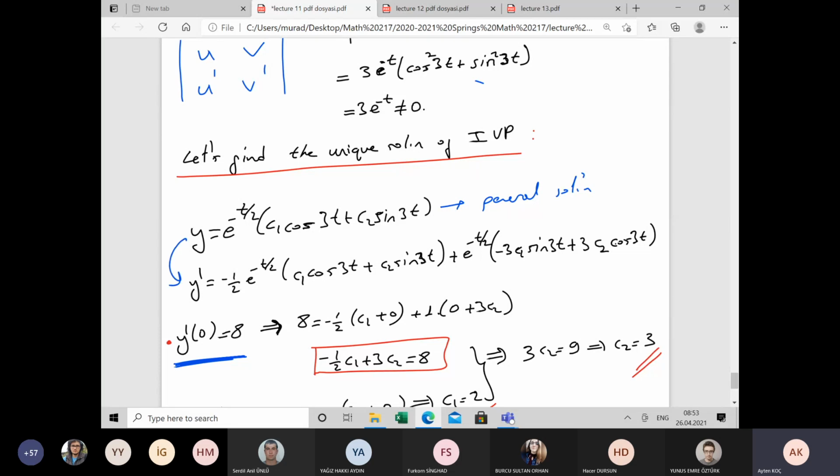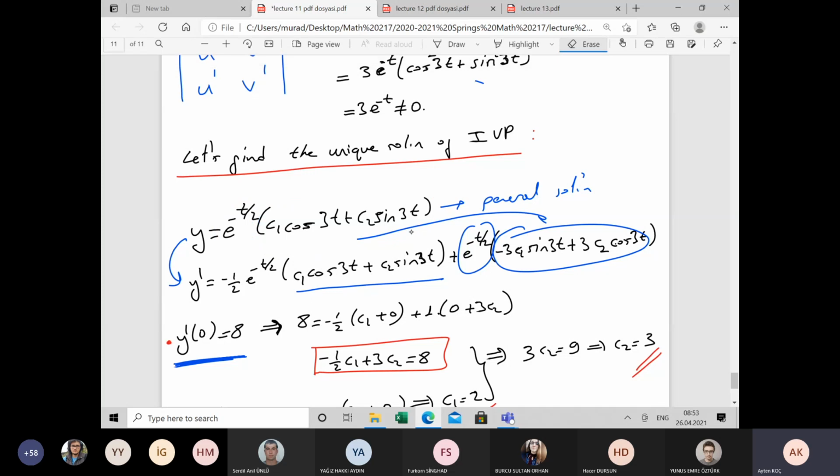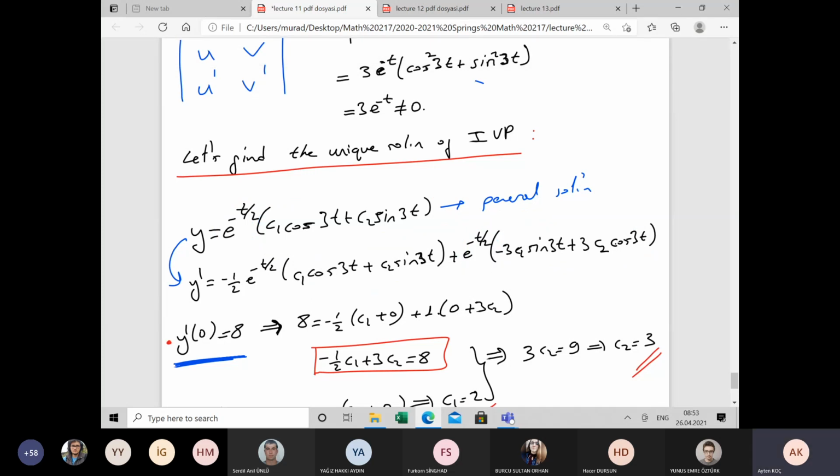Take the derivative with respect to t using the product rule: derivative of the first one times the second one, plus the first one times the derivative of the second one. So we obtain y prime. Any question about this part?